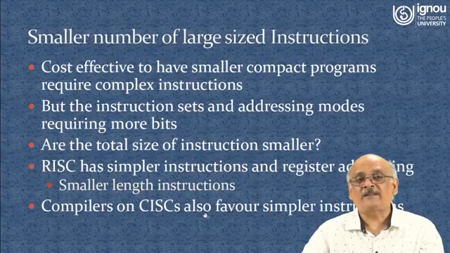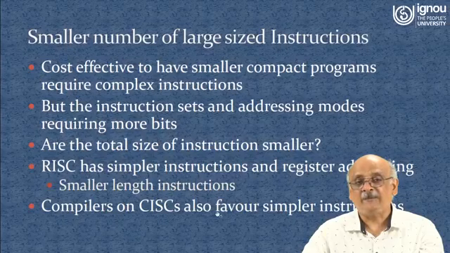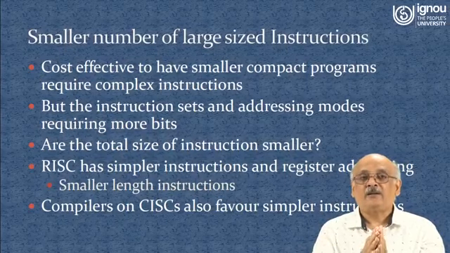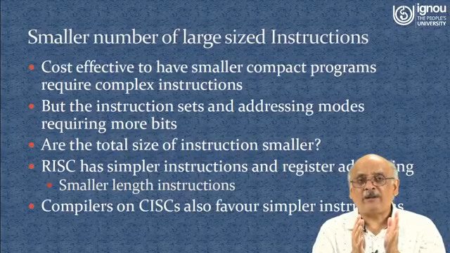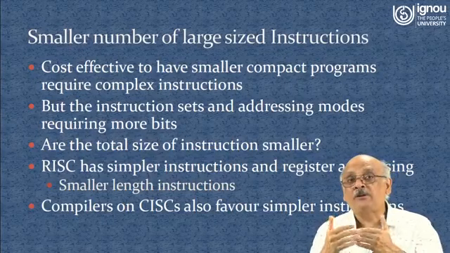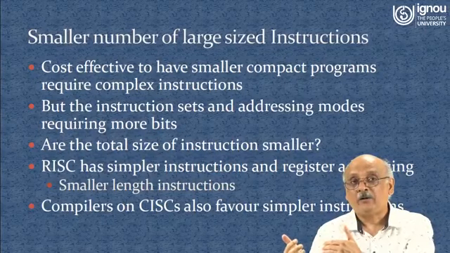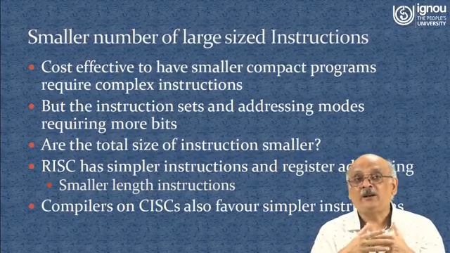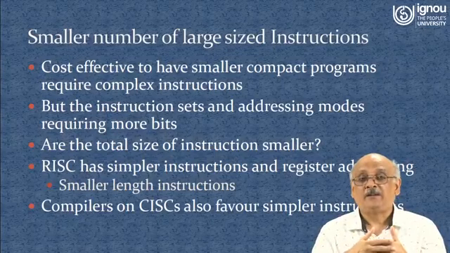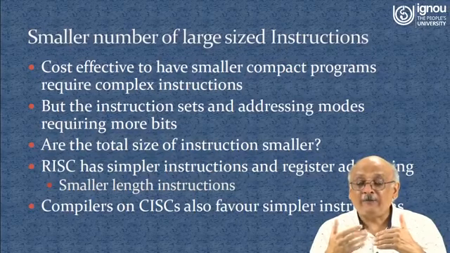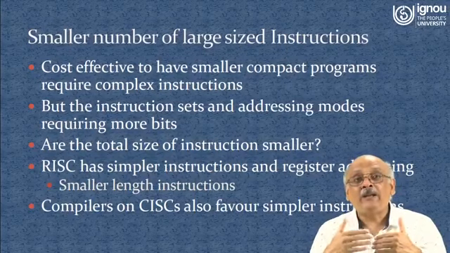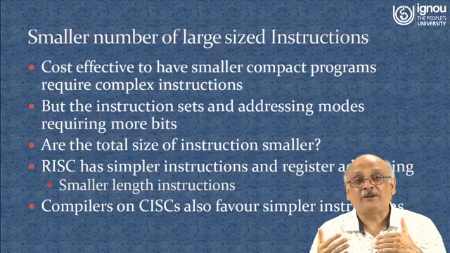Then compilers on CISC also favor simpler instructions. In fact, compilers play a very important role when we are dealing with program conversion for a specific machine, and compiler designers normally favor the simpler instruction. That is the categorization. Even if you create a very complex instruction, it may not be utilized in that particular context.